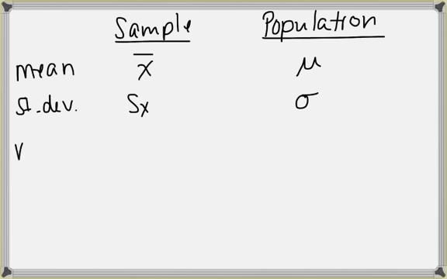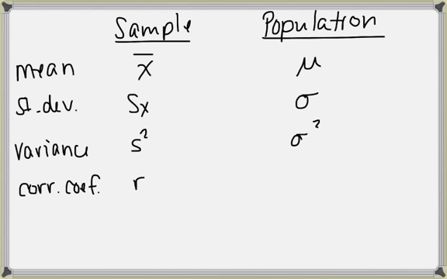Then we've got variance, which for the sample is S squared, and for the population is sigma squared. Next, for our correlation coefficient, for the sample that is r, and for the population that is rho.